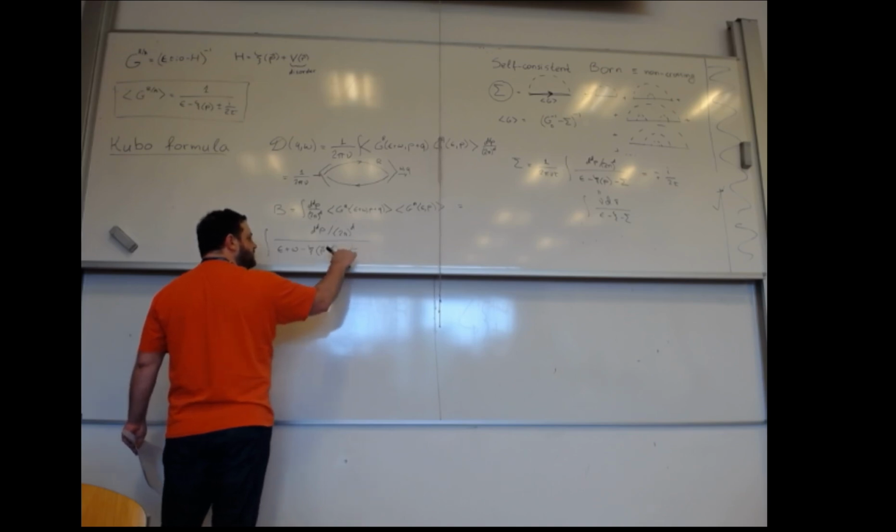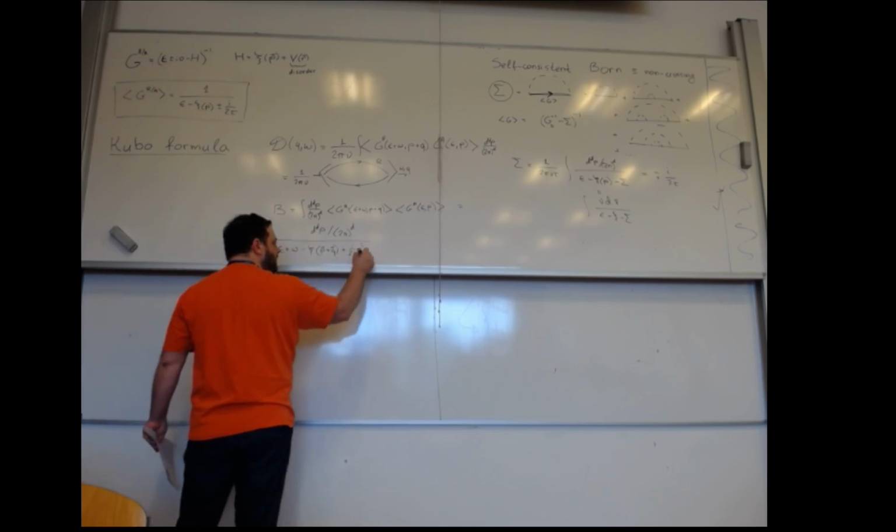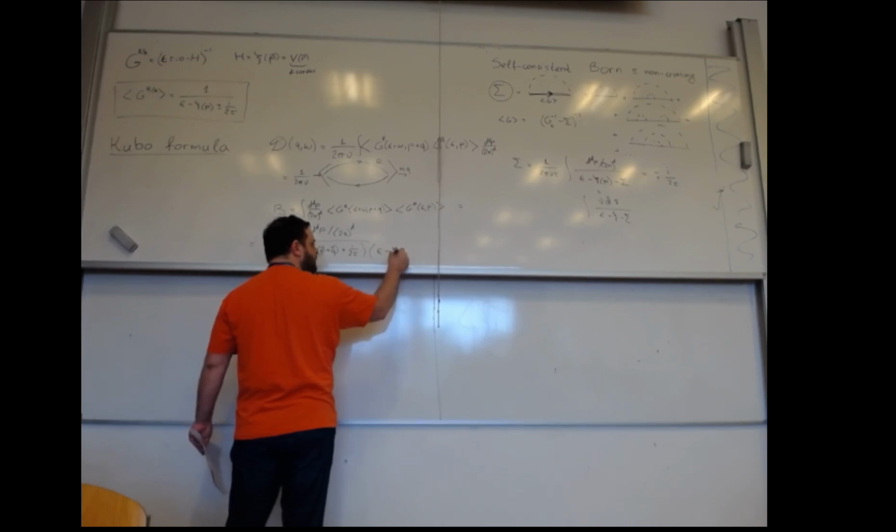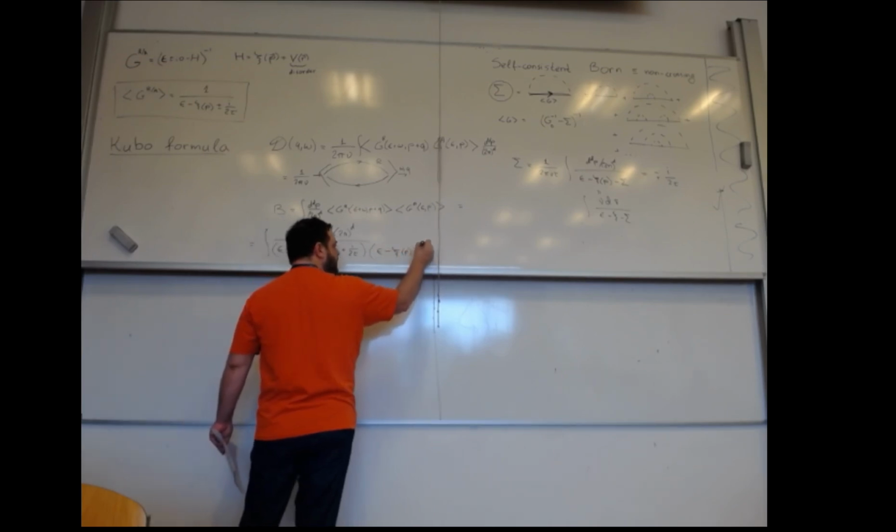This is the retarded function, it is plus. And the second one is advanced: epsilon minus psi of p minus i over 2 tau.